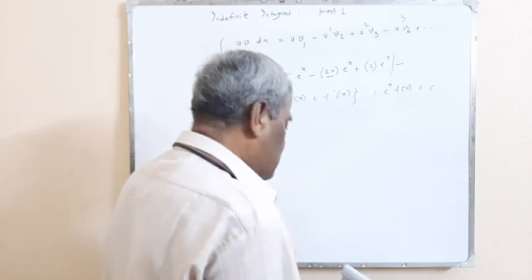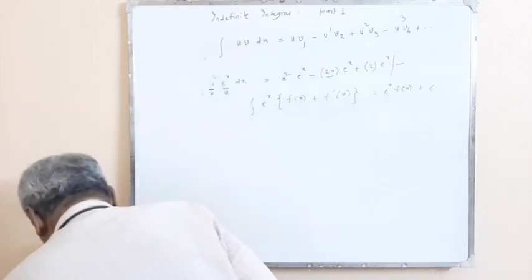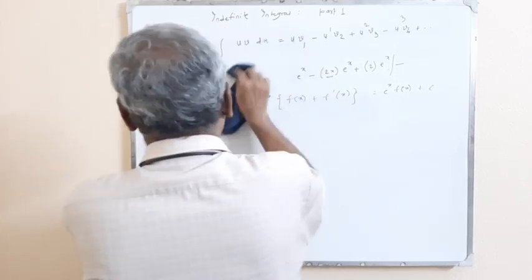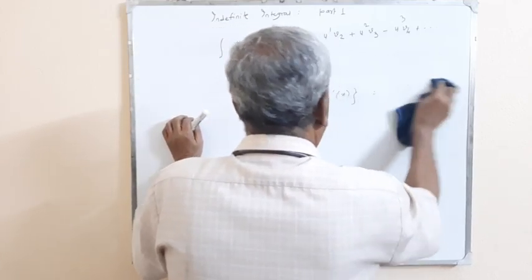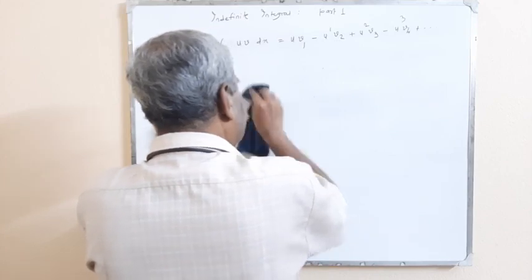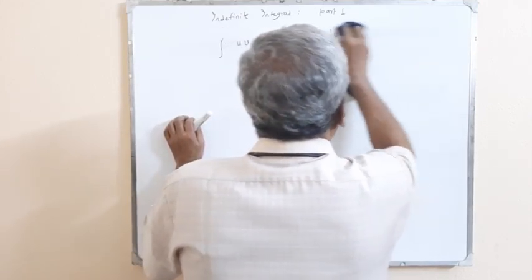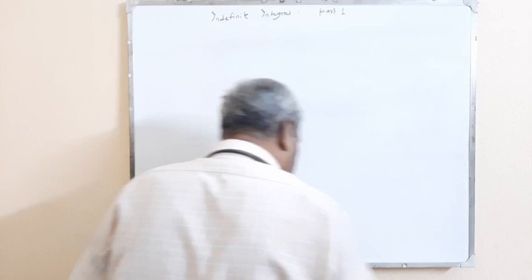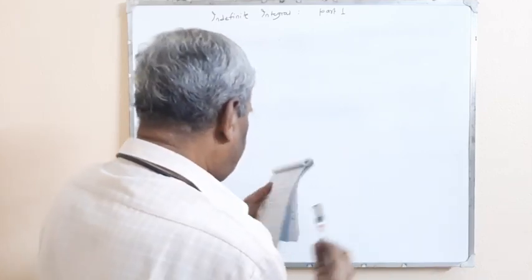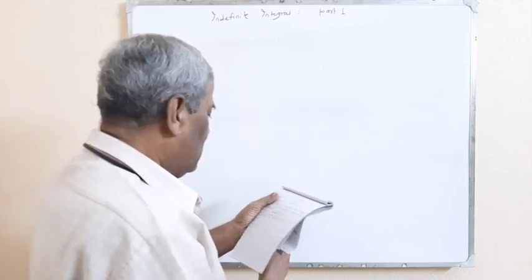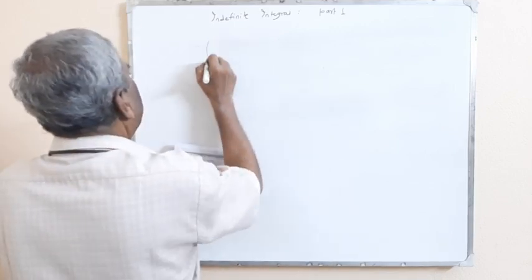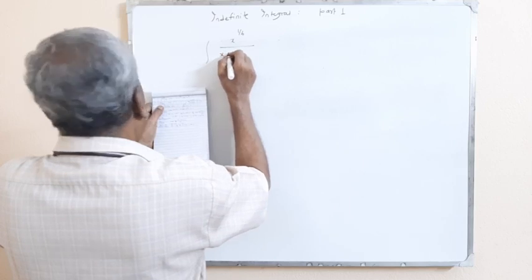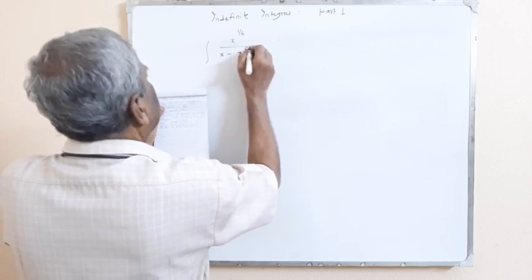So, okay, with that knowledge, let us take a few problems. The first problem is integrate x to the power 1 by 6 by (x minus x to the power 5 by 6) dx.